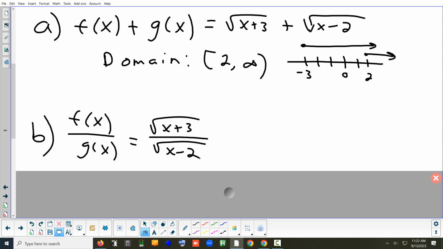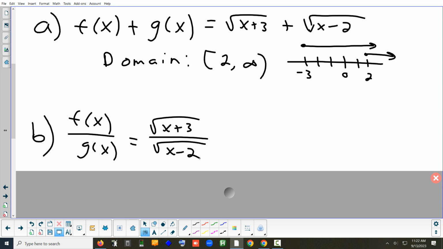So I want to know what the domain is this time. The domain is the same as last time, but this time it cannot be equal to 2. Why can't it be equal to 2? Because if it's equal to 2, then the bottom will be 0, which we don't want.